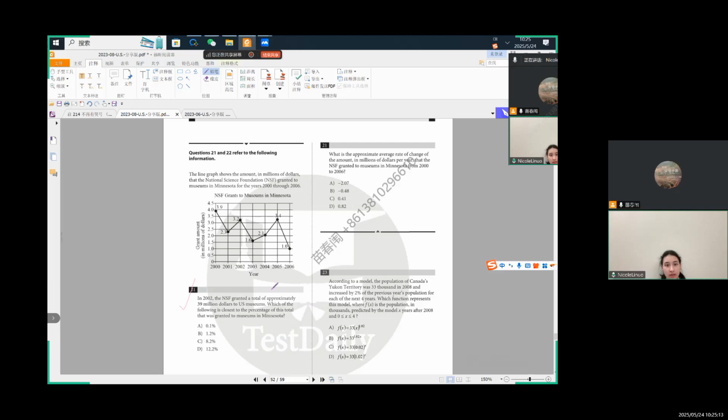But instead of doing it in millions, I did 3.9 over 3.2. That's why I got B at first. But now I realize it's close to percentages granted to Minnesota, so it should be 3.2 over 39, right?